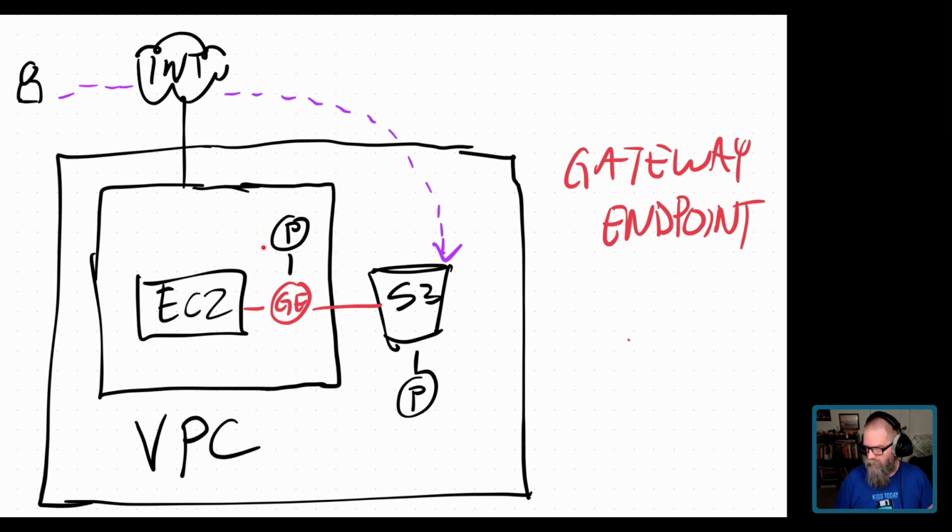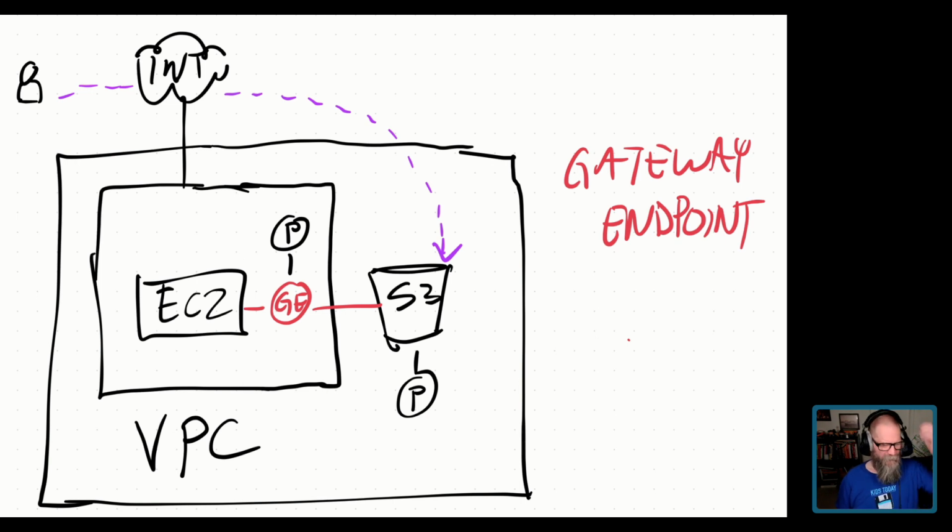You can put an endpoint policy on your gateway endpoint, and you can put a bucket policy on your S3 bucket. And we did the bucket policy last week as a way to demonstrate that we were in fact going from our EC2 instance through the gateway interface to the S3 bucket.